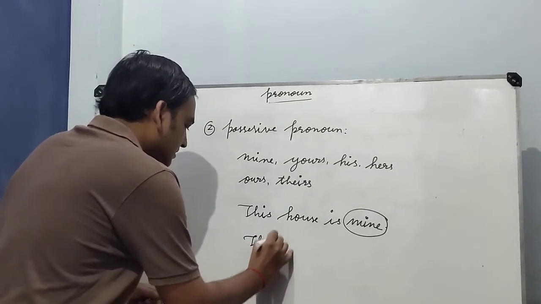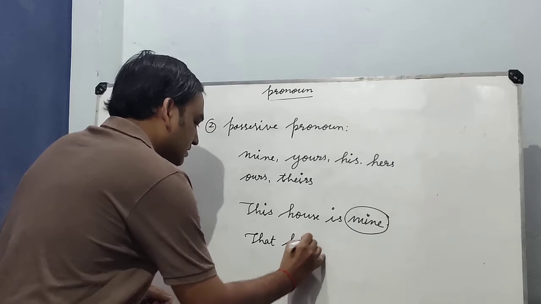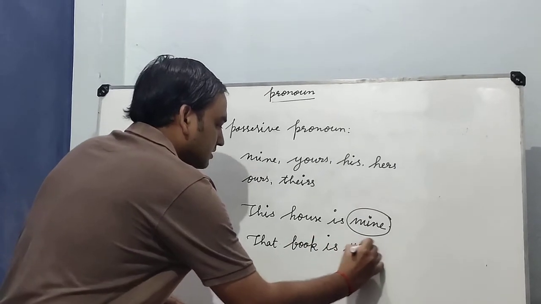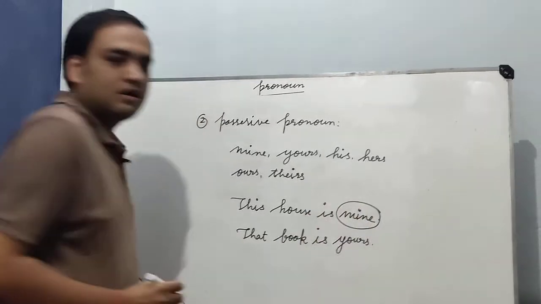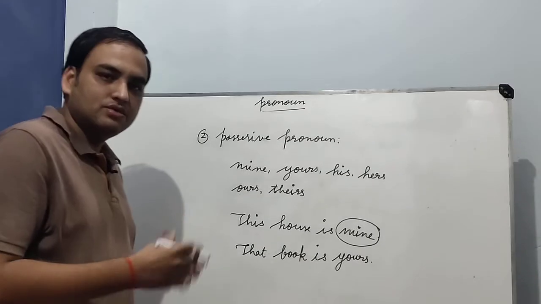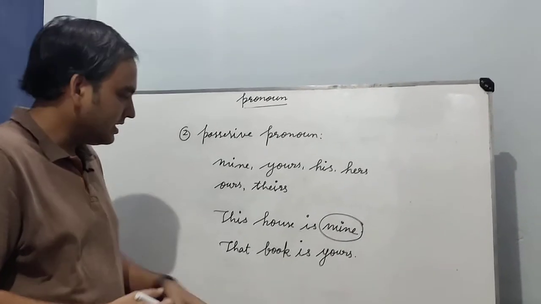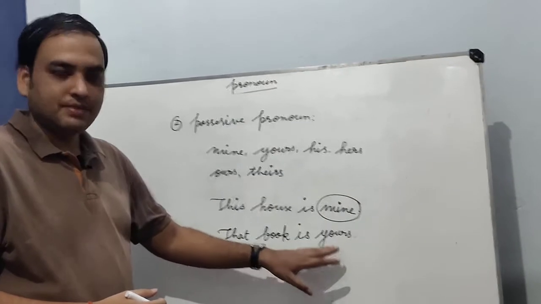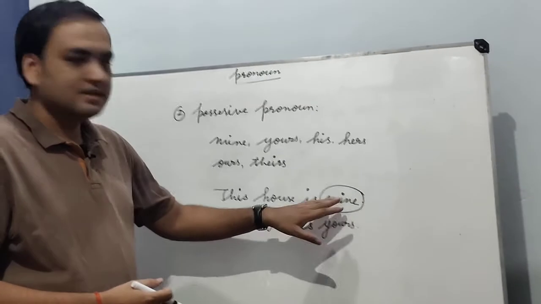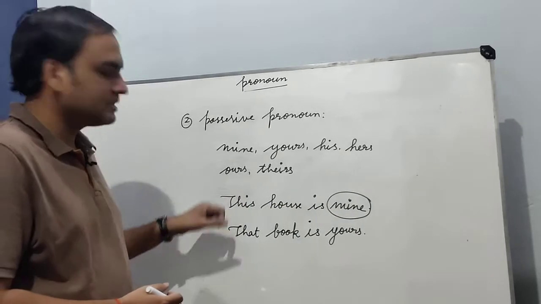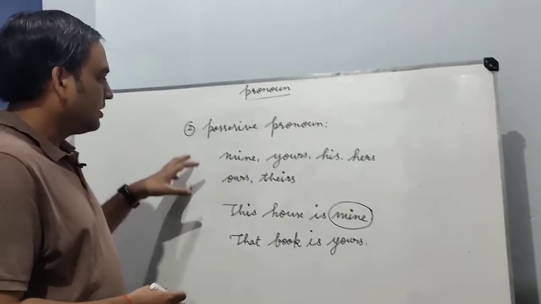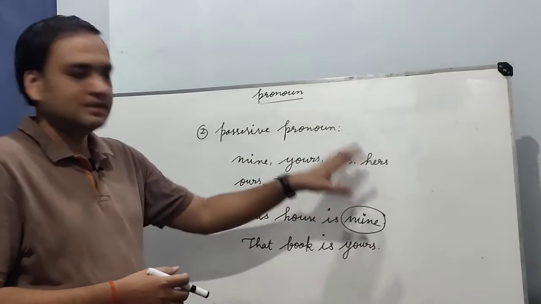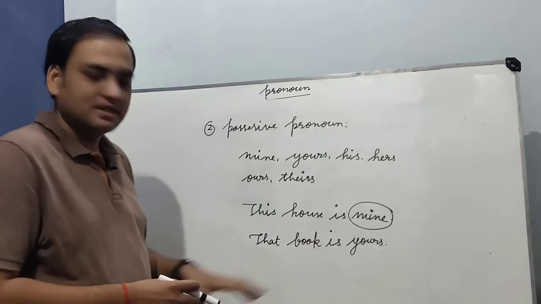That book is yours. It shows that कि वो जो book है वो तुम्हारी है. Okay, so here yours is used as a possessive pronoun, and here mine is used as a possessive pronoun. So one by one we can use all the pronouns in sentences, but I am only explaining here.